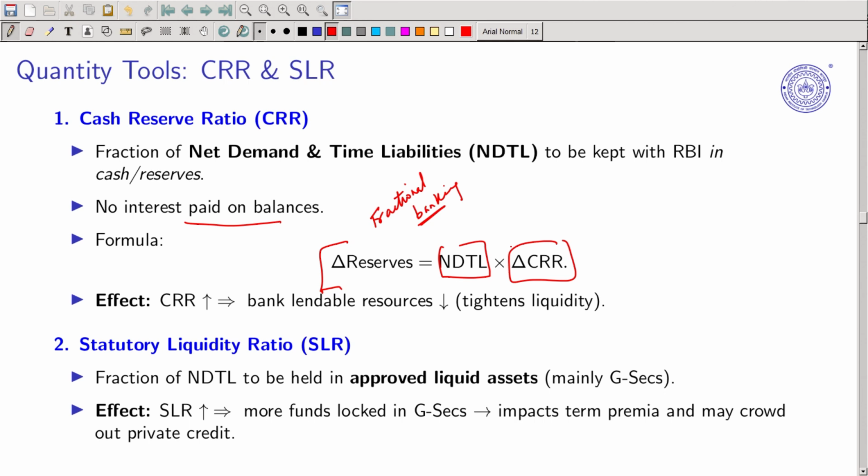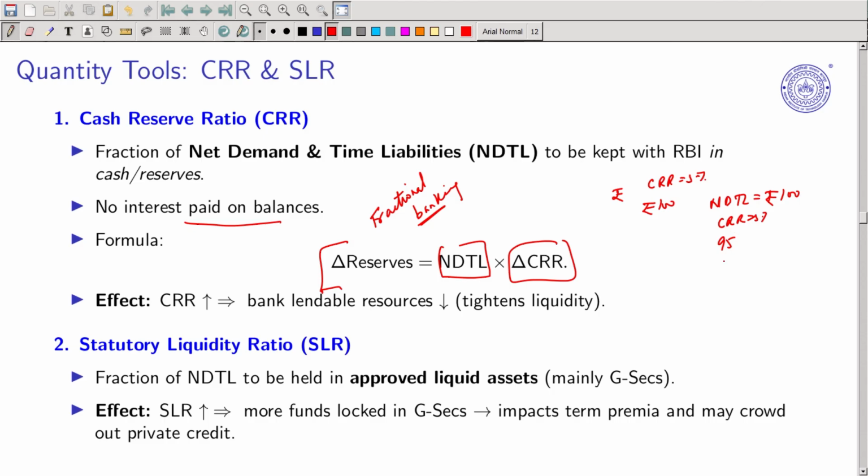If CRR is going to increase, the bank's lendable resources come down. As I told, if the CRR is 5% and you deposit money in the bank, and the NDTL of the bank is 100 rupees, then 5 rupees will be CRR, which means the bank can now lend 95 if there is no SLR.